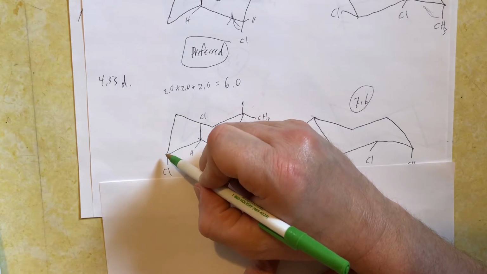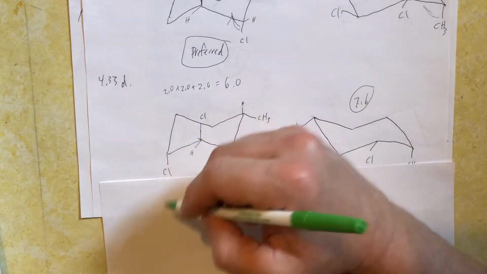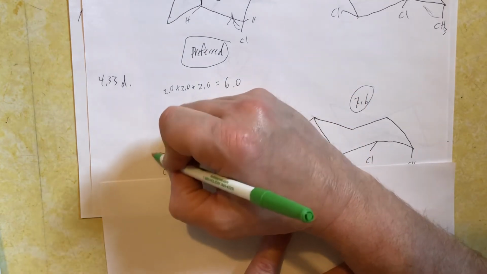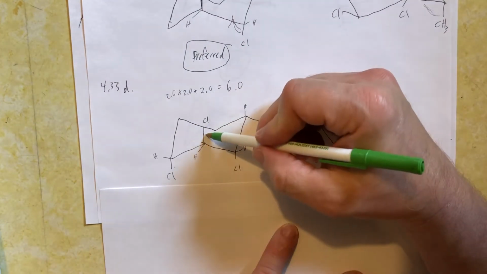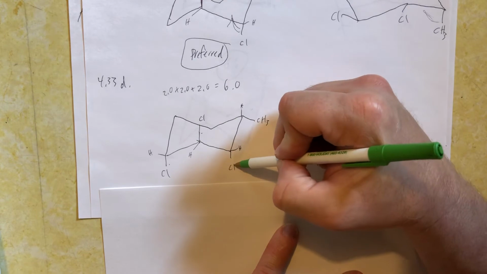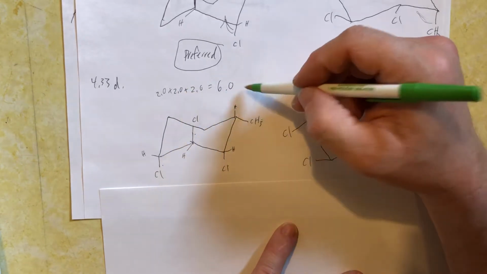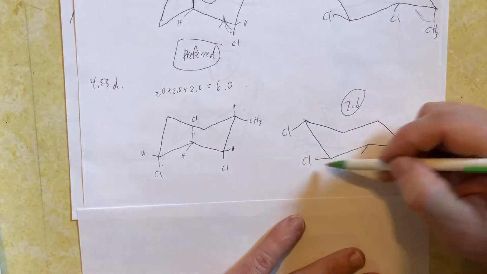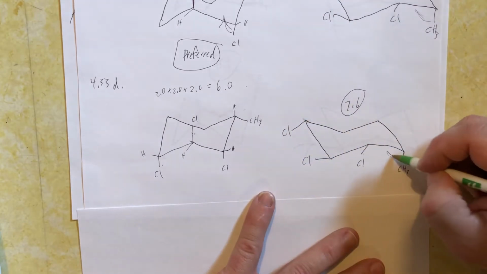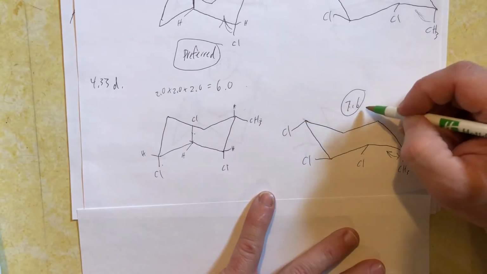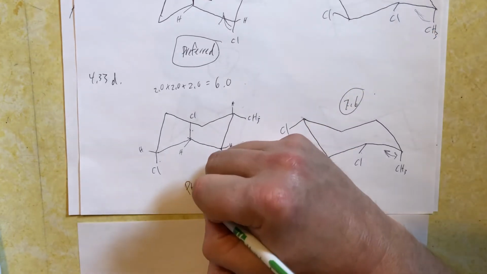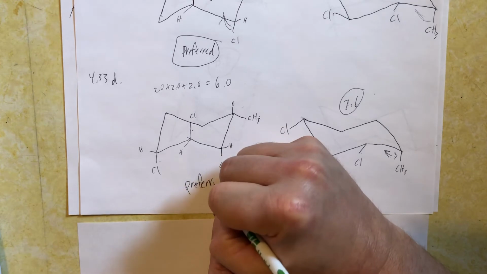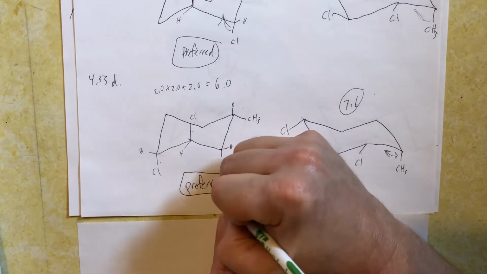Number 4 is into the page, it was down, hydrogen was equatorial. So I have a 2 interference here, and a 2 interference there, and a 2 there. That one's a 0. So it's 6 total here. Here the chlorines are all equatorial, but this one interferes at 7.6. So this is the greater amount. The preferred conformation is the one with less total interference.